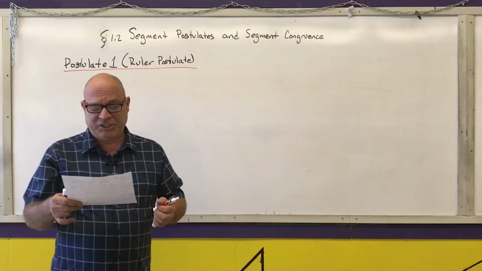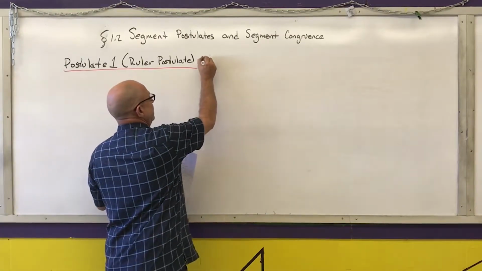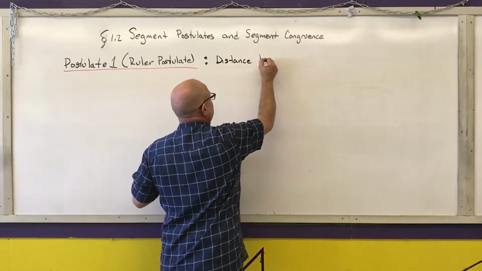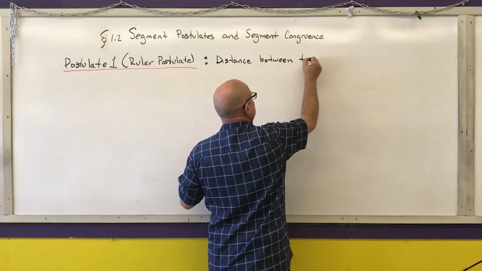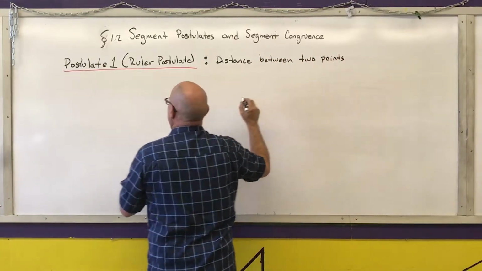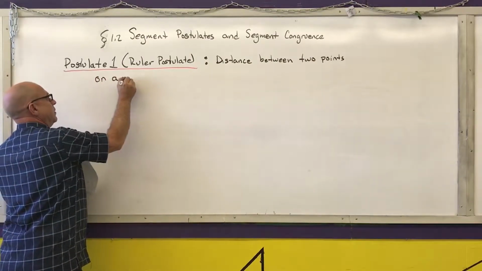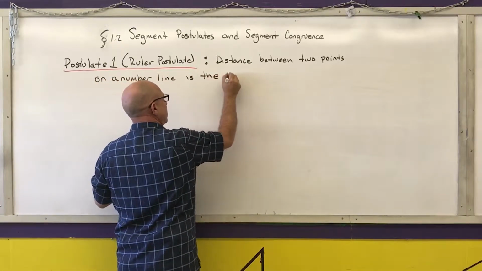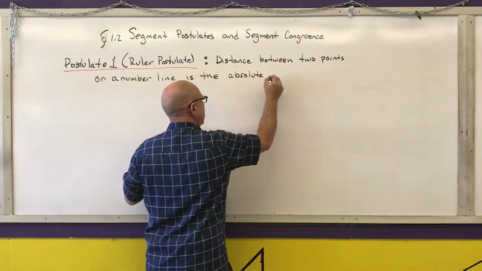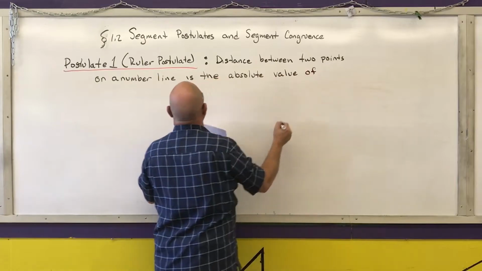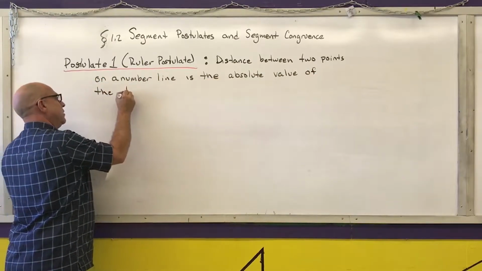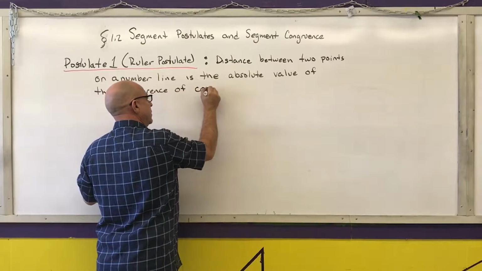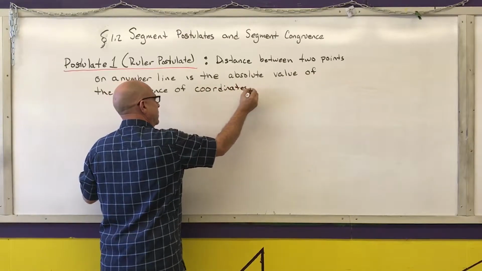So basically what the ruler postulate says for us, and this needs to be added to whatever the book says, is the distance between 2 points on a number line is the absolute value of the difference of the coordinates of the endpoints.